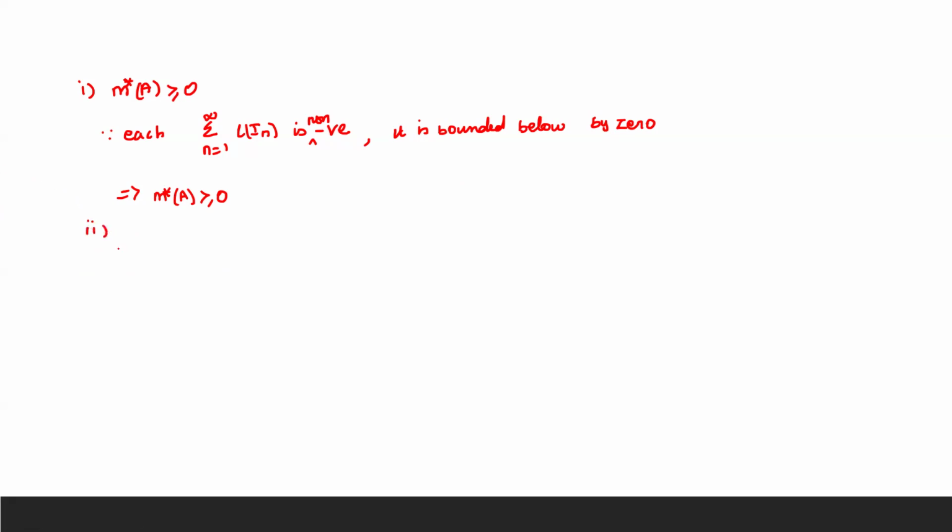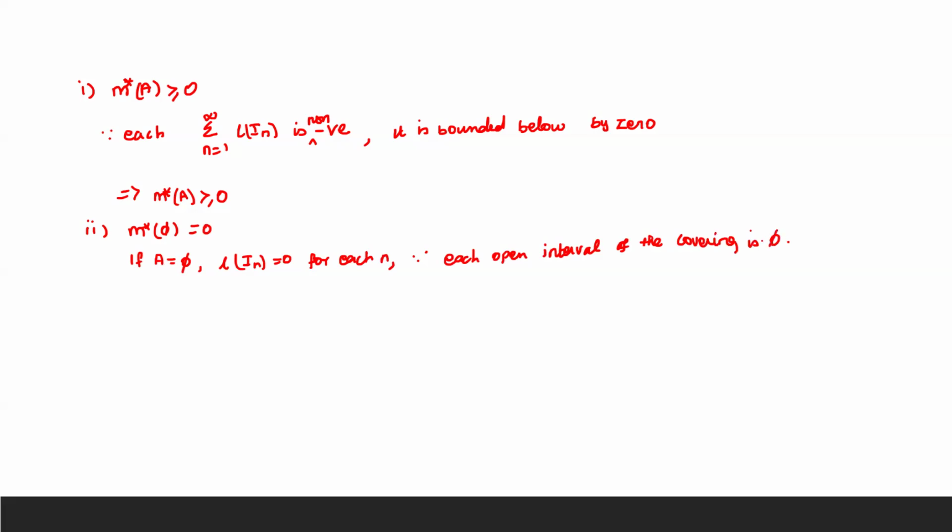Secondly, we see the outer measure of an empty set is always 0. We prove this one now. If we take the set A equal to empty, then the length of an interval is 0 for each n, since each open interval of the covering is empty.